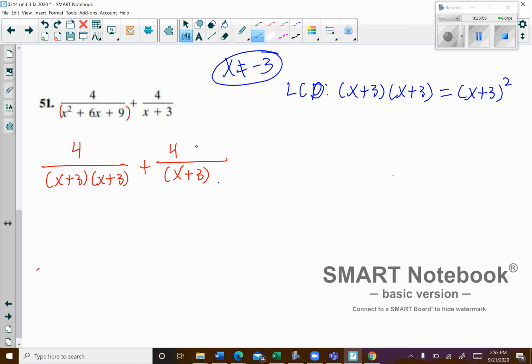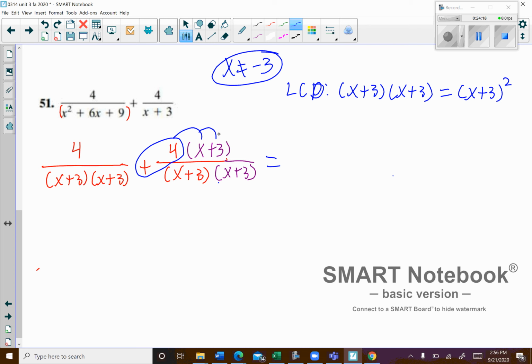So what I'm going to do here, I only have to manipulate one of these. The second one, I'm going to multiply by x plus 3 over x plus 3. So now I have those common denominators. Now they match, right? And so what I'm going to do over here, I've got to distribute, it's a plus 4, so that's a good thing.